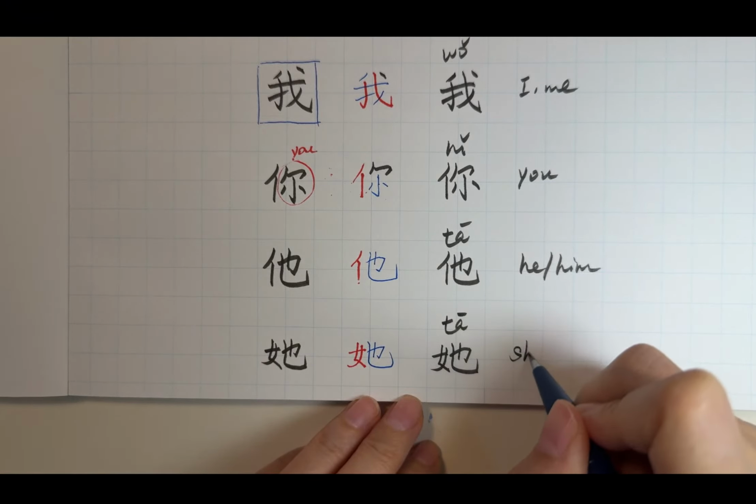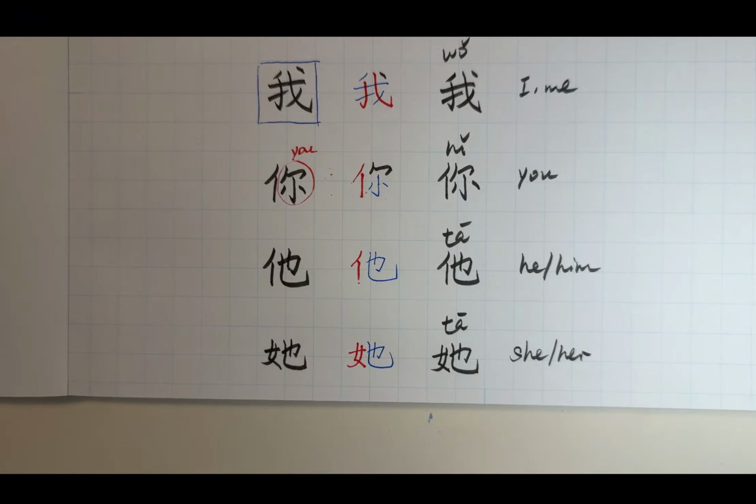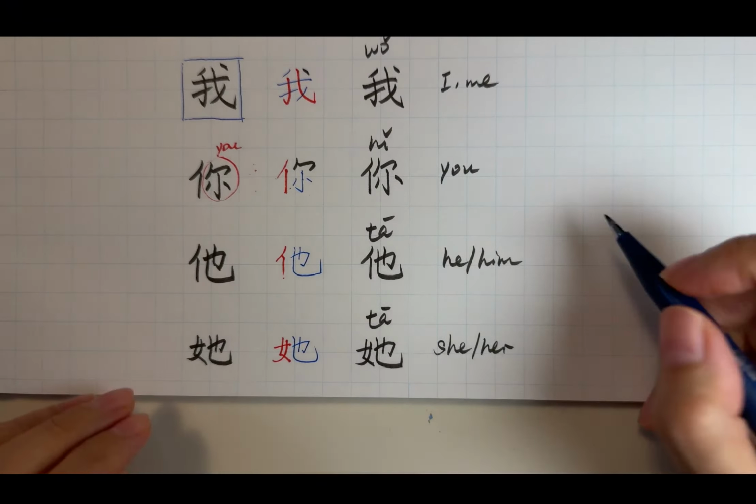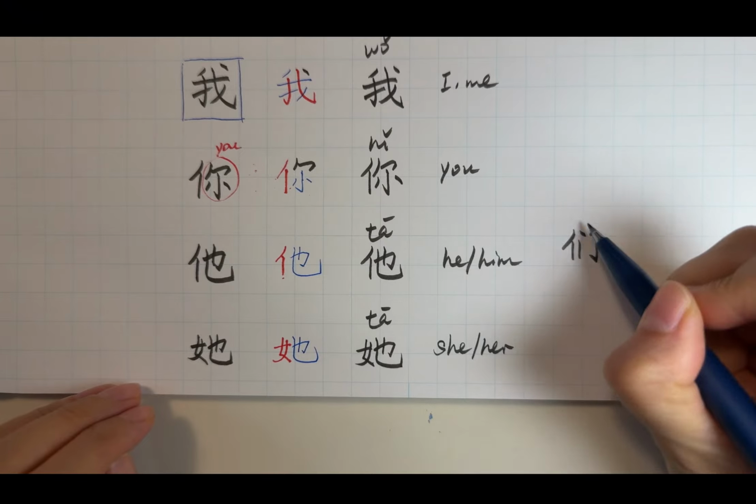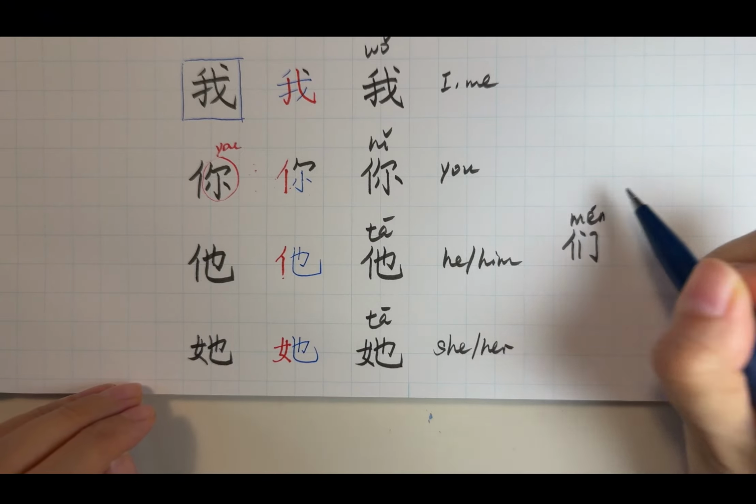Ta is she or her. And if you want to add to the plural, we have 门, 人字旁一个门, 门.